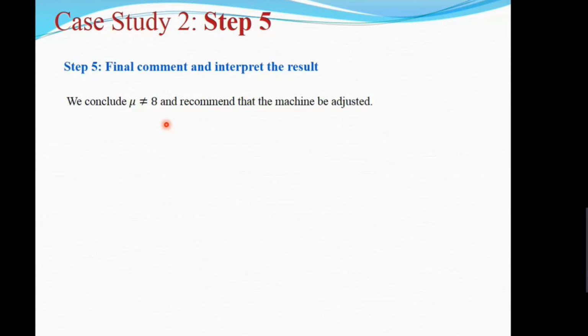Properly means it's not giving 8 ml, maybe less or maybe more. So we need to maintain the machine and adjust it in such a way that it gives correct measurement and correct filling.